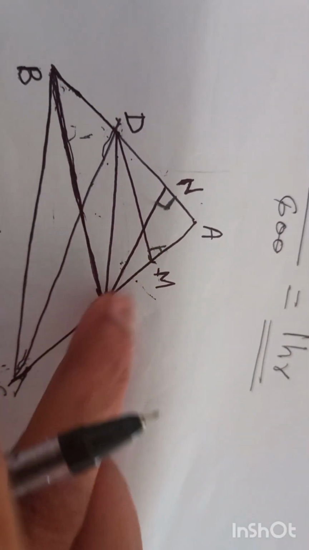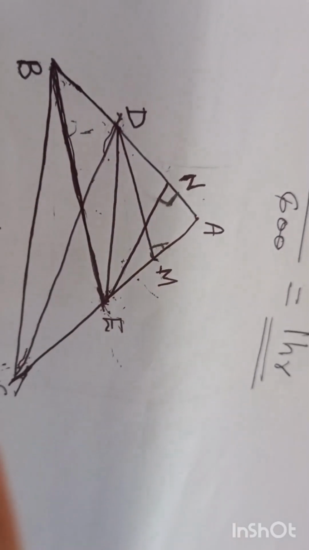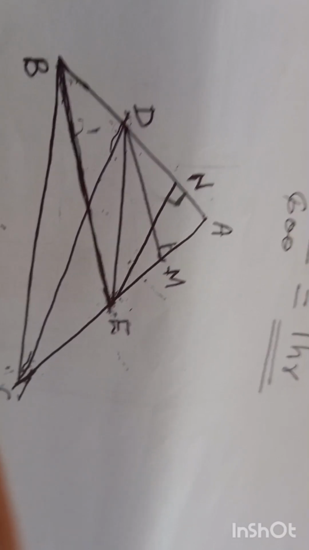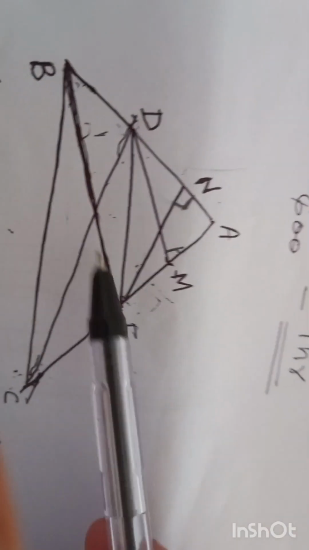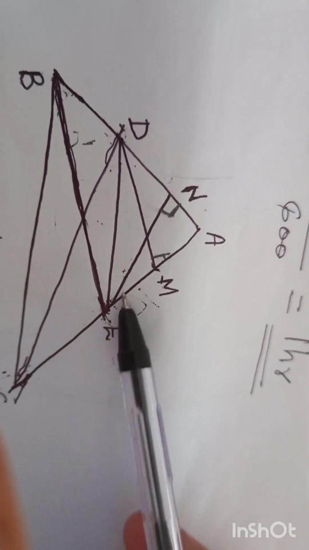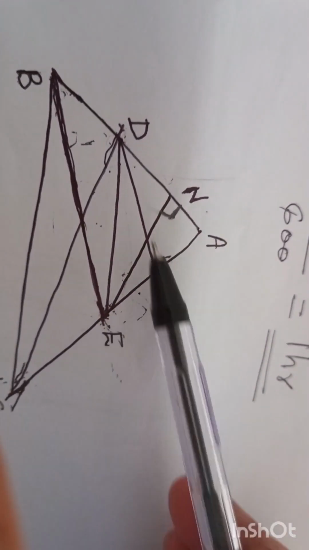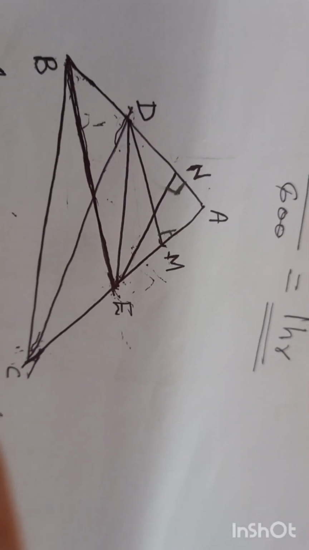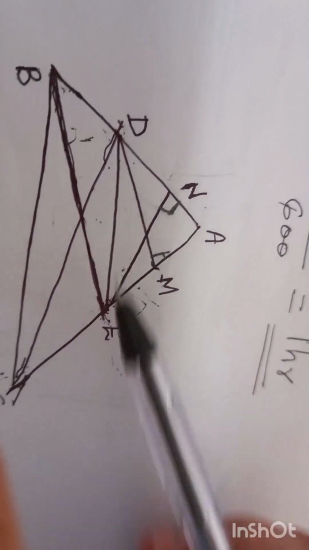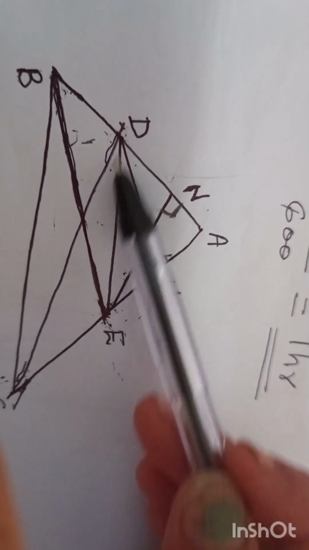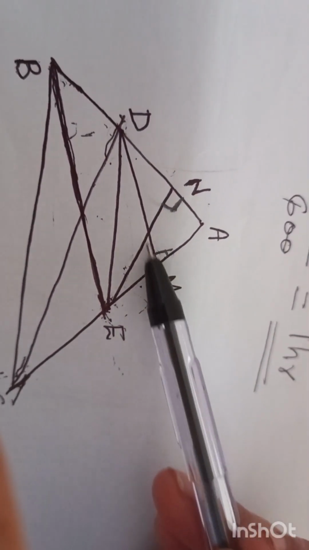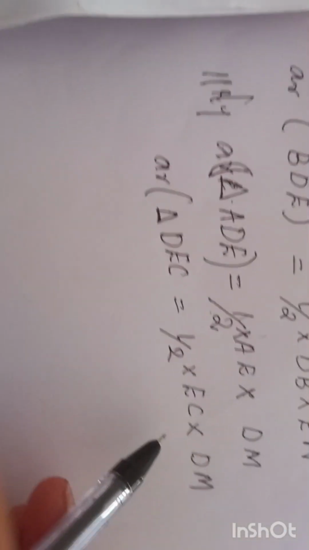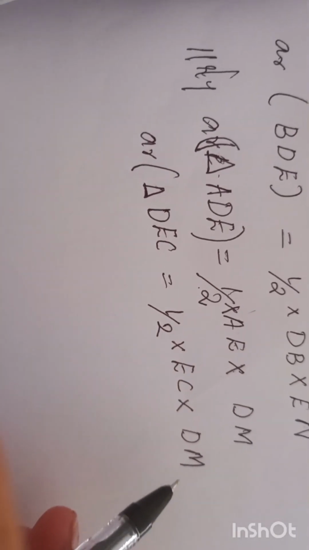DM is the altitude, because DEC is an obtuse triangle, so its altitude is outside of the triangle. DM is its altitude. So we get half into EC into DM.